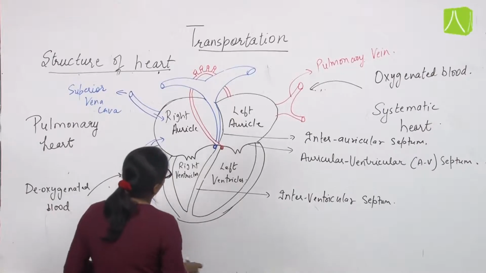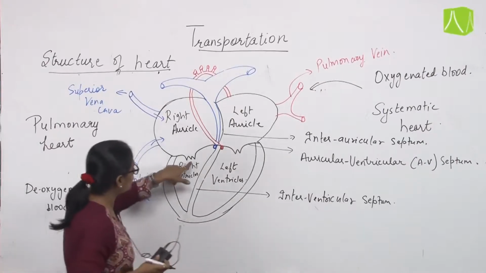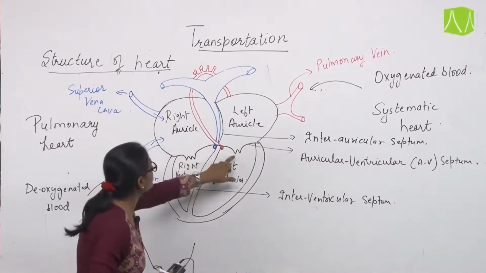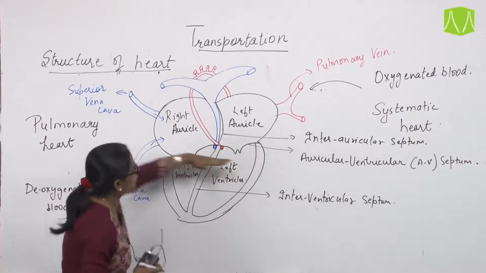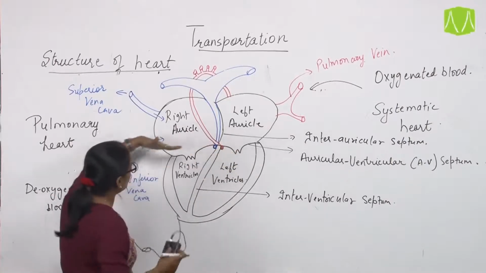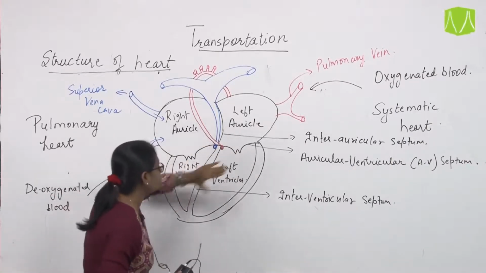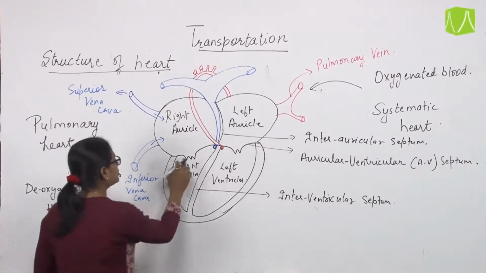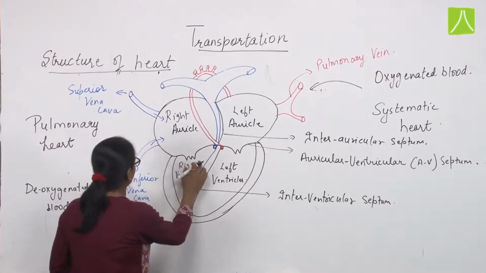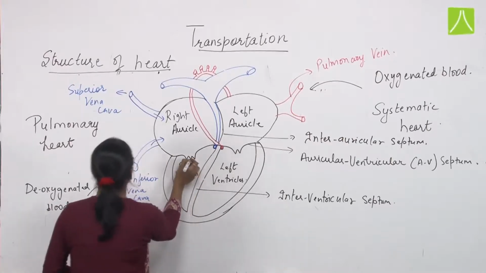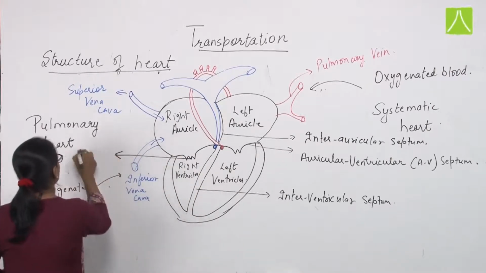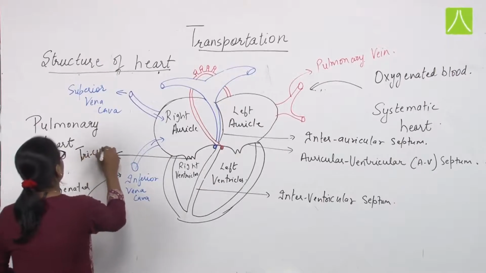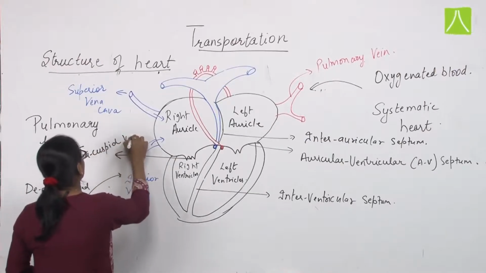Now, what we are observing again is that at this AV septum wall, there are gates present, that is, valves are present. This type of valve having three cusps is known as the tricuspid valve.